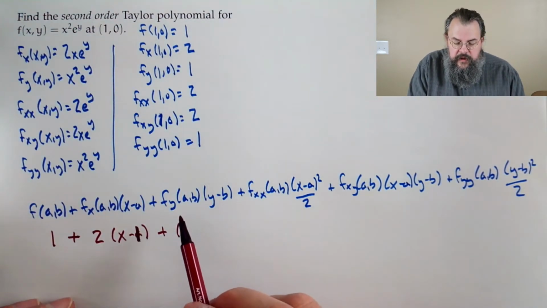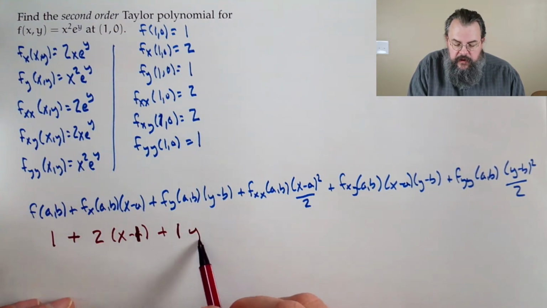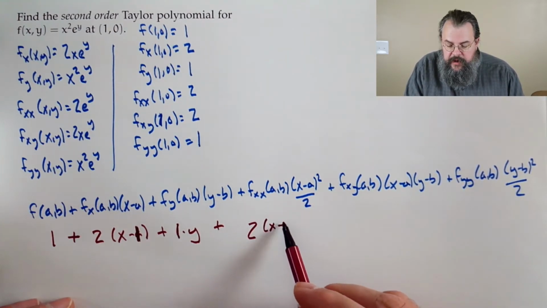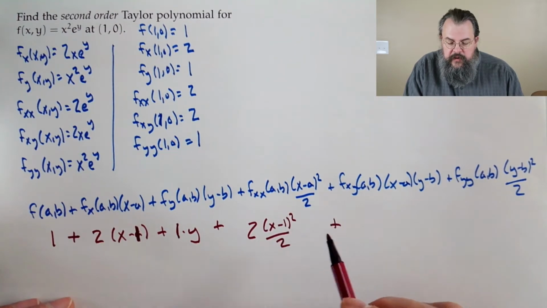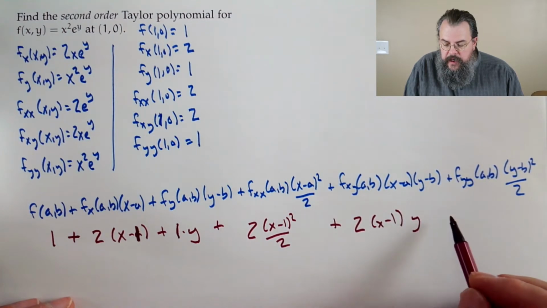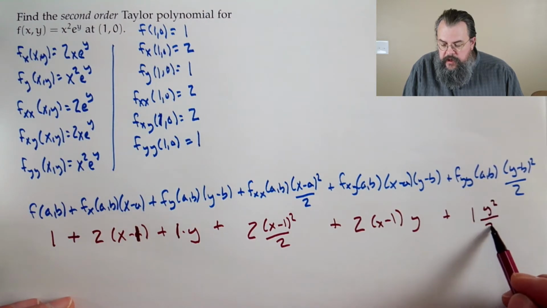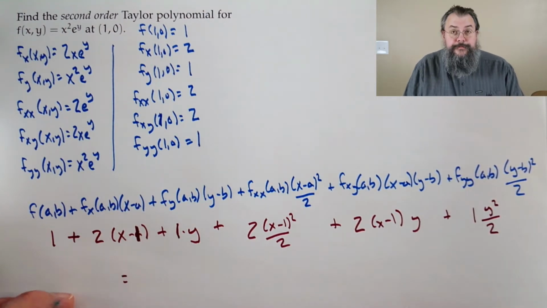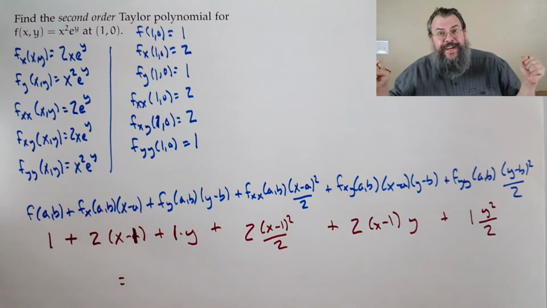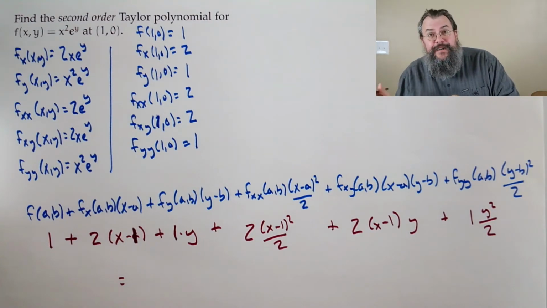Plus here we're going to get 1 times (y minus 0), plus fxx is 2 times (x minus 1) squared over 2, plus fxy is 2 times (x minus 1) y, and fyy is 1 times y squared over 2. Or if we just compress. Now, on a side note, I don't recommend multiplying things out. You could. I don't recommend it.